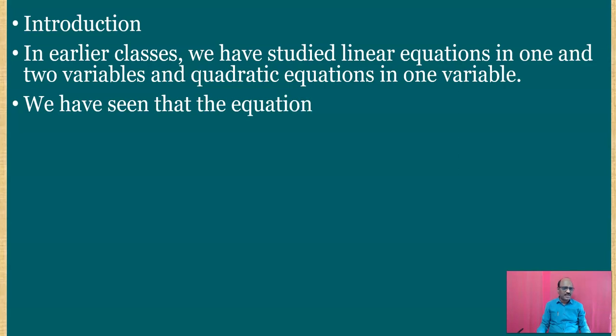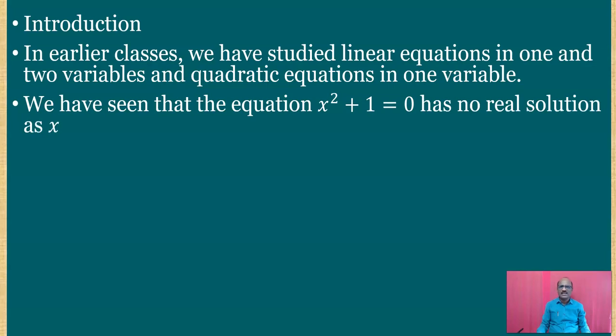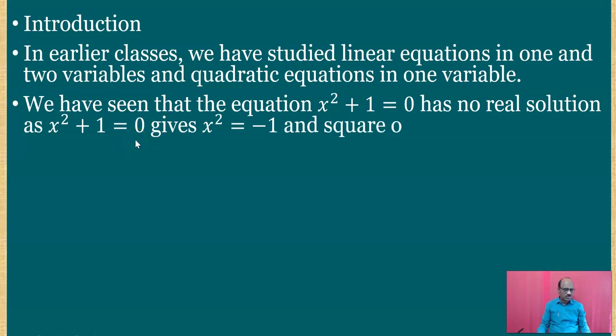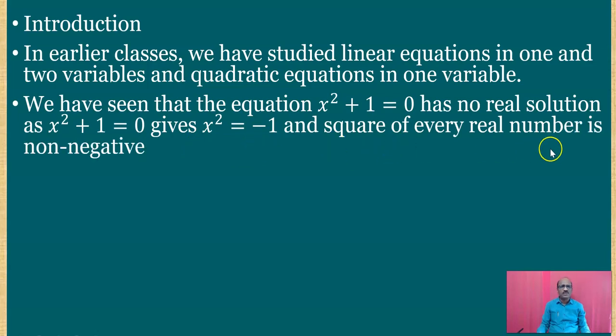Also we have seen that the equation x square plus 1 is equal to 0 has no real solution, as x square plus 1 equals 0 gives x square is equal to minus 1, and the square of every real number is non-negative.